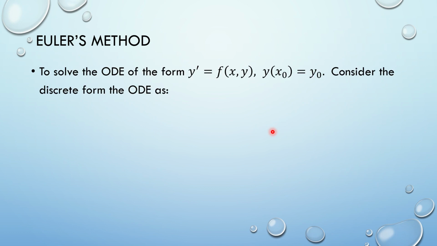So if you want to solve a differential equation of the form y dash is equal to f of x, y with y of x naught is equal to y naught, it's an initial value problem and that's the initial condition.